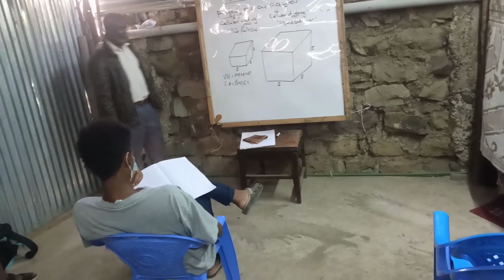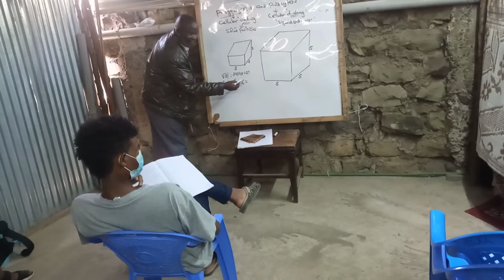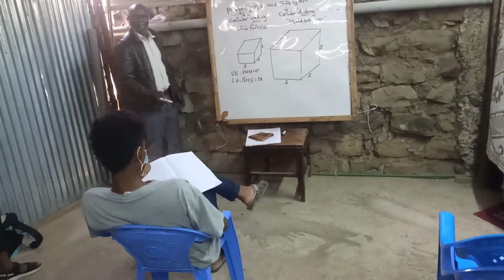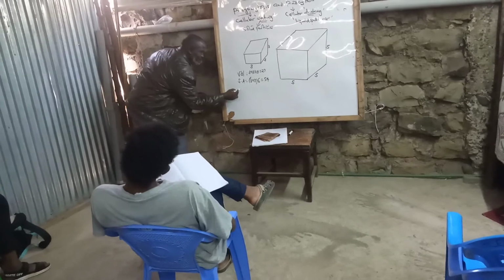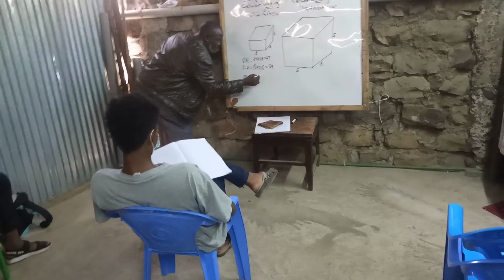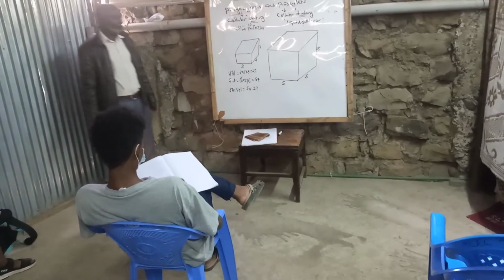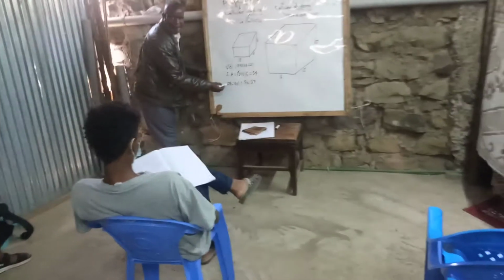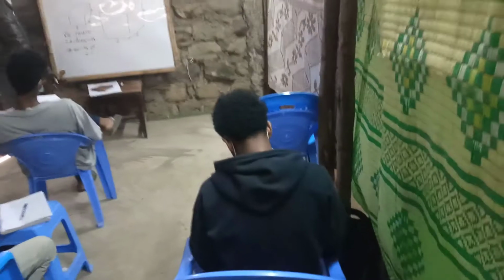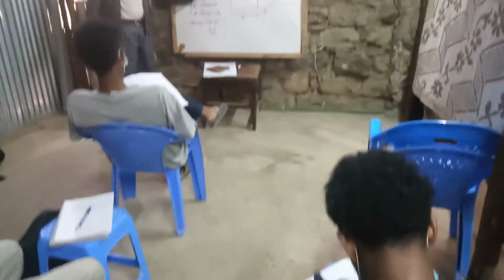What is the total surface area here? 9 by 6, 54. Right? So what is now the surface area to volume ratio? Surface area 54 to 27. Can this one be simplified further? It becomes 2 to 1. So the surface area to volume ratio of the smaller one is this.